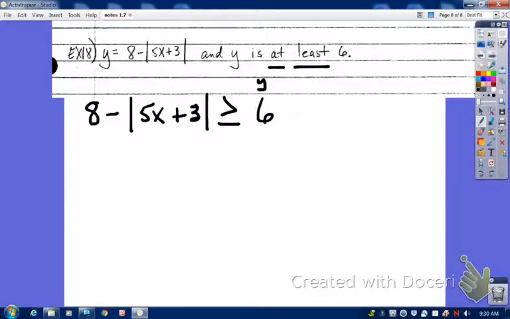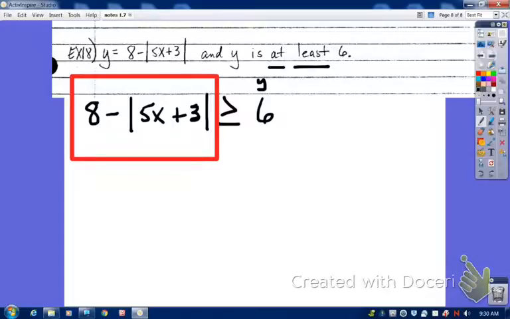If y is at least 6, then you're really looking over here at this side. What numbers could this left-hand side be if they're greater than or equal to 6? Does that mean at least 6? So the left-hand side could be 6 or 7 or 8.5 or, do y'all see that?